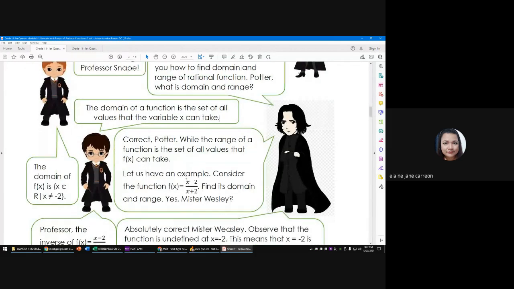That's why we are going to use the roster method in listing. We cannot list all the possible values of the domain because it may be infinite in number, meaning endless. So we use the roster method in listing all the possible values of the domain of a function.